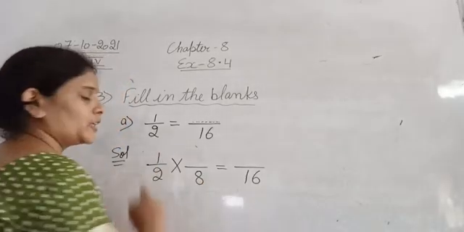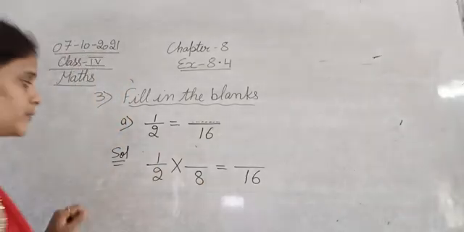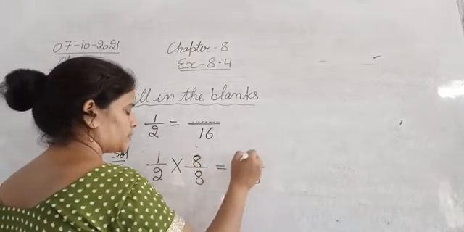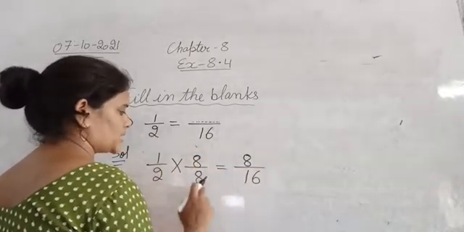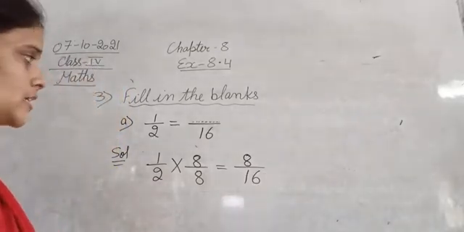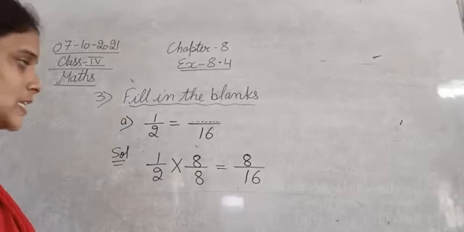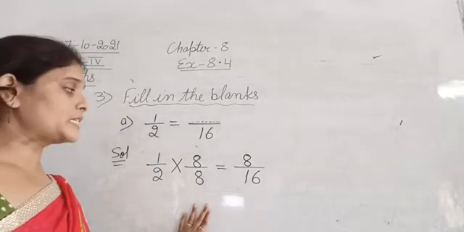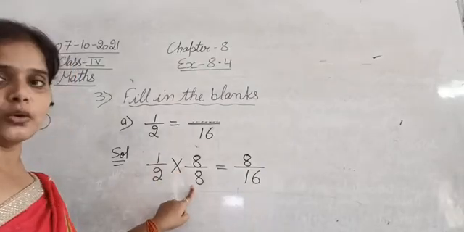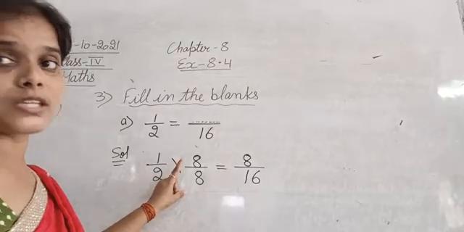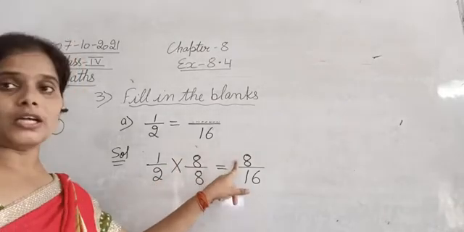So we will multiply the numerator 1 with the 8. 1 8s are 8. 2 8s are 16. So the new fraction that we have got after multiplying is that 1 upon 2 is equal to 8 upon 16. If we multiplied the denominator by 8, then the numerator will also be multiplied by 8, because they always get multiplied with the same number, and we have got 8.